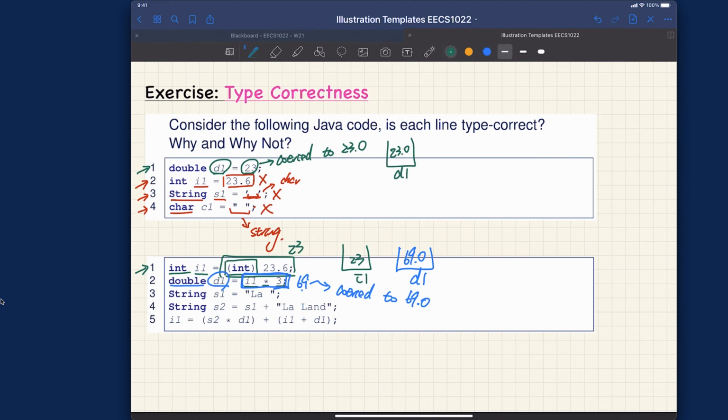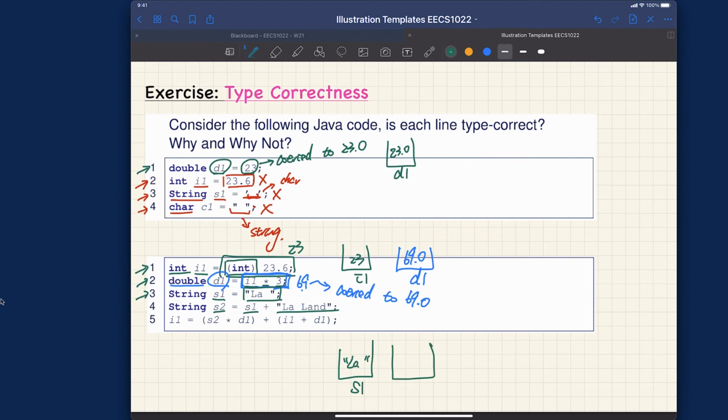What about the next one? Next one seems to be compiling. Okay, this one compiles. We already explained it. And this one also compiles. This is a string literal over here stored into S1. So that means S1 is going to be "la " with a space. And then we have S2 over here, which is going to be whatever is in S1 plus la length, right?